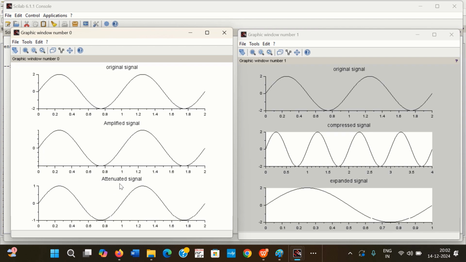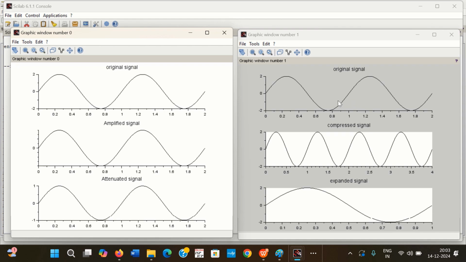Then next is the attenuated signal. Whenever the signal amplitude is decreased by some factor, we call it an attenuated signal. So here in this attenuated signal, the x-axis or time values remain the same, from 0 to 2, but the amplitude is scaled down from -1 to 1, as compared to the original from -2 to 2. Now come to the time scaling operation.